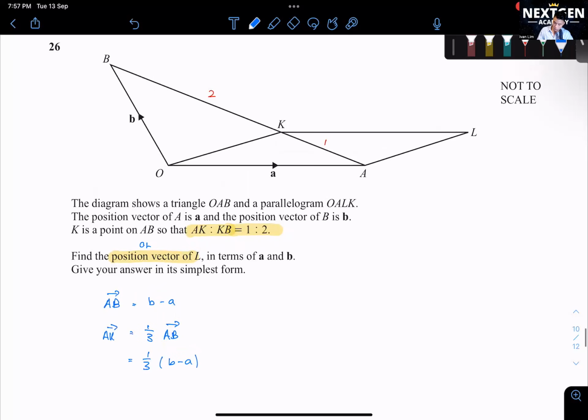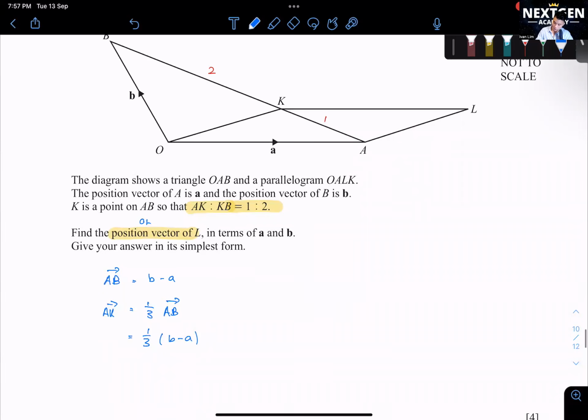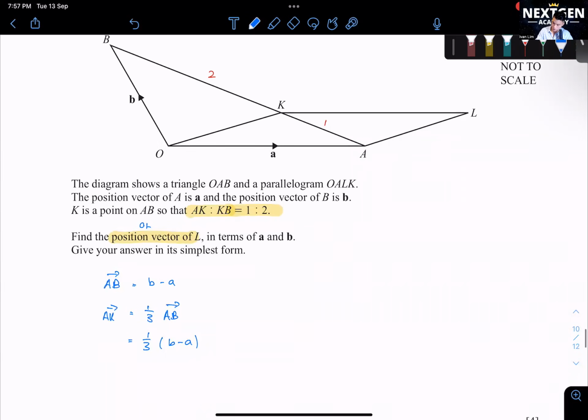Then what can we find? Can we find OK here? How do you find OK? Here plus here, right? OA plus AK. So you can label down here 1 over 3 (b minus a).